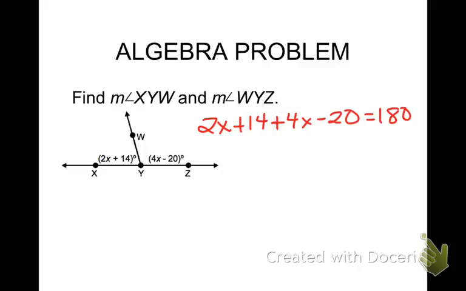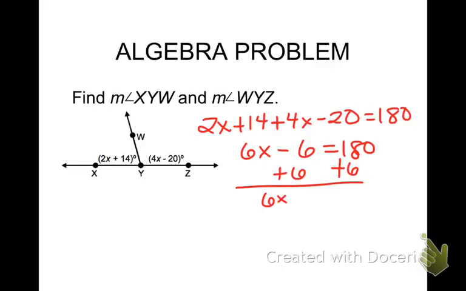Combine your like terms. So on the left I get a 6x and minus 6. Equal that to 180. Add 6 to both sides. Gets us 6x equals 186. Divide out the 6. So x is equal to, what is that, 31?